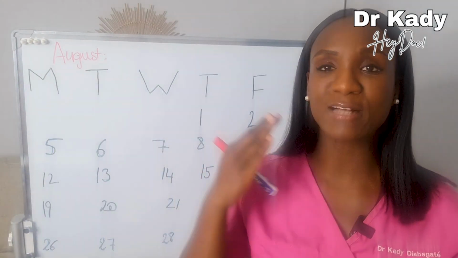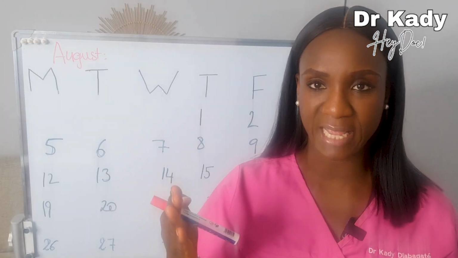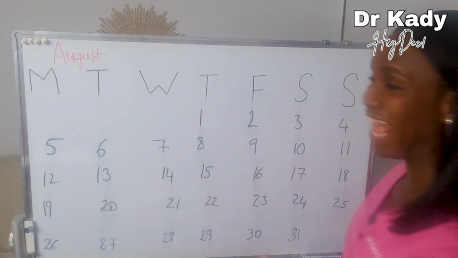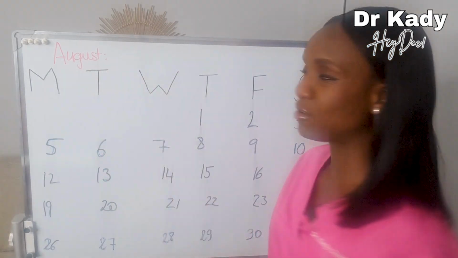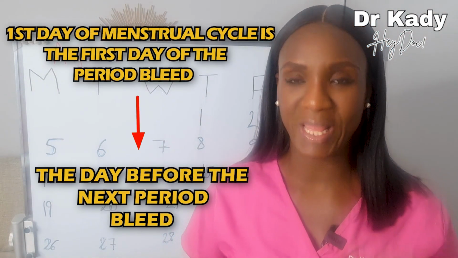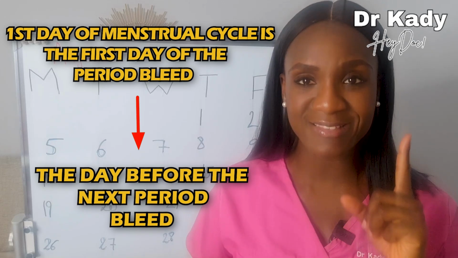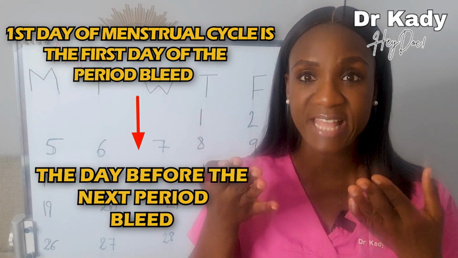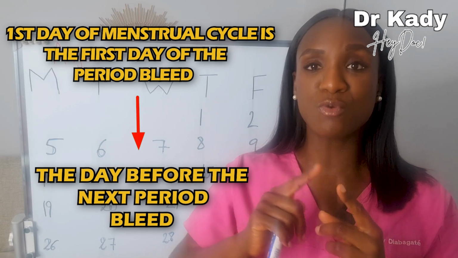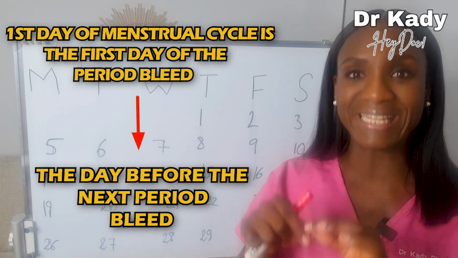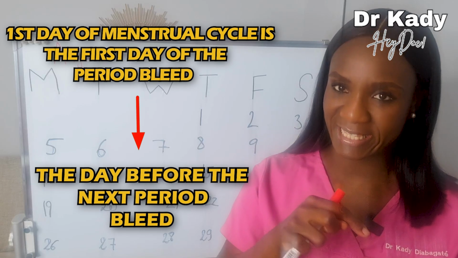So first of all, how do you work out the length of your menstrual cycle? Before I go ahead and do that with this example of a calendar, and we've chosen the month of August just because we can, your menstrual cycle is going to be the first day you see your period blood, so the first day of the bleeding, right through to the day before the bleeding of your next cycle.